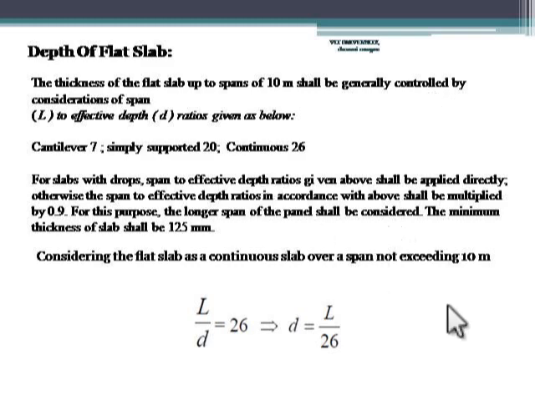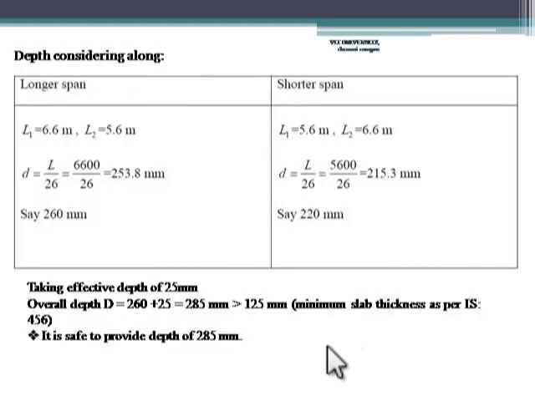The minimum thickness of the slab shall be 125 mm. So this is a continuous slab, so we are considering a flat slab of continuous slab over a span not exceeding 10 meters, that is L by D equal to 26. So we want effective depth D equal to L by 26. From this we got effective depth 260 mm for longer span and 220 for shorter span.